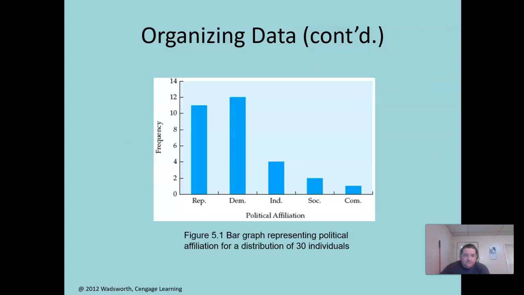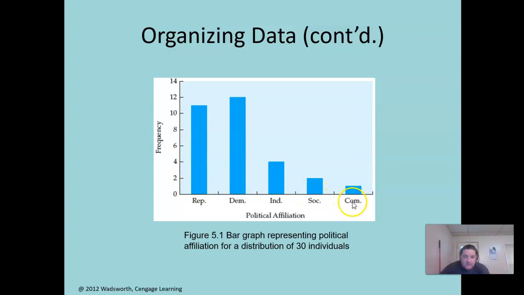Okay, so looking at this, you can see that down here you have names: Republicans, Democrats, Independents, Socialists, and the Communist.